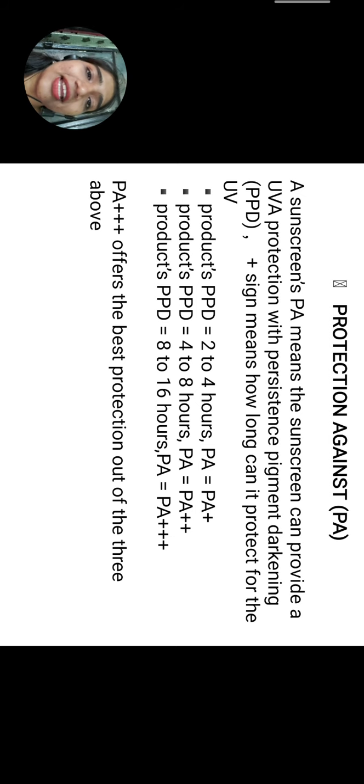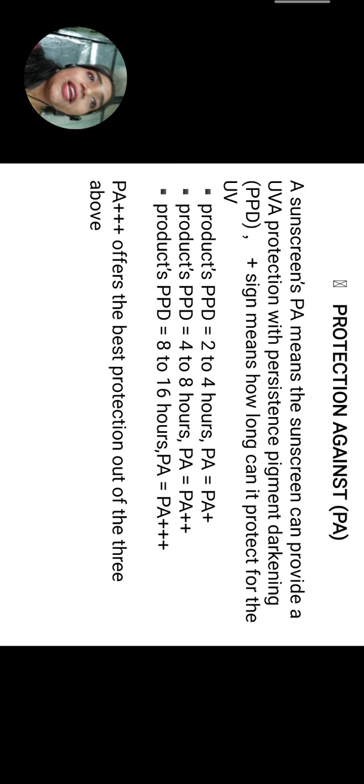As the slide shows, protection against UV rays with PA single plus gives you 2 to 4 hours of protection. PA double plus gives you 4 to 8 hours of protection, and PA triple plus gives you 8 to 16 hours of protection. So that depends on how long you are going to be exposed to the sun, how long you are going to be outside, or how long you need the protection of sunscreen.